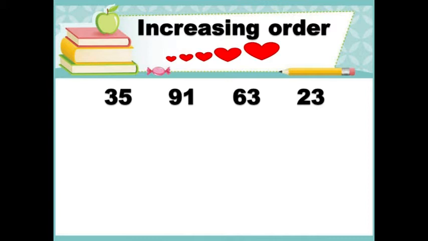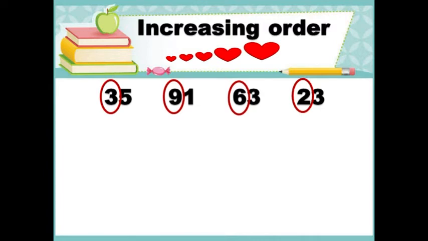In this, we have two-digit numbers, so the biggest place value is the tens. In tens, we have 3, 9, 6, and 2. They are not the same, so we can compare them.